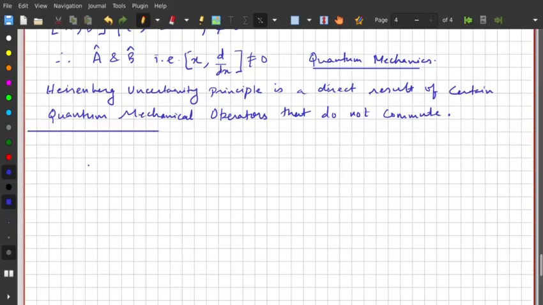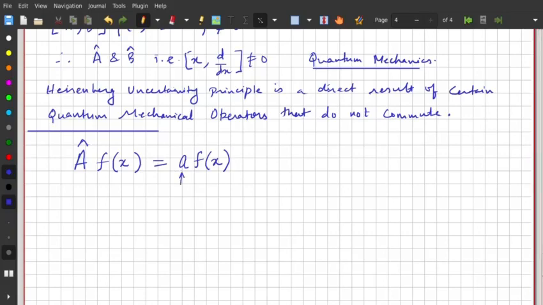Let's think about a situation where we have an operator a acting on a function f of x, and let's say you get a result which is a scalar multiple of the function itself. Where this a is just a number.